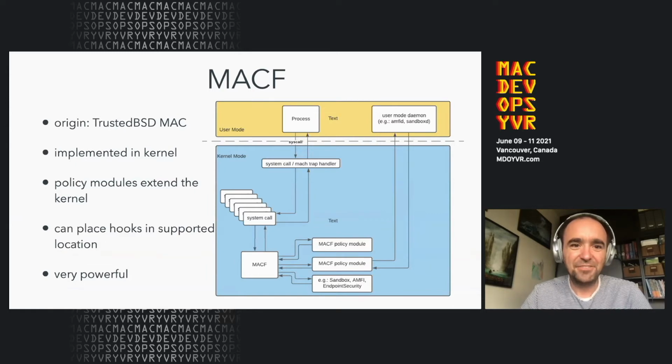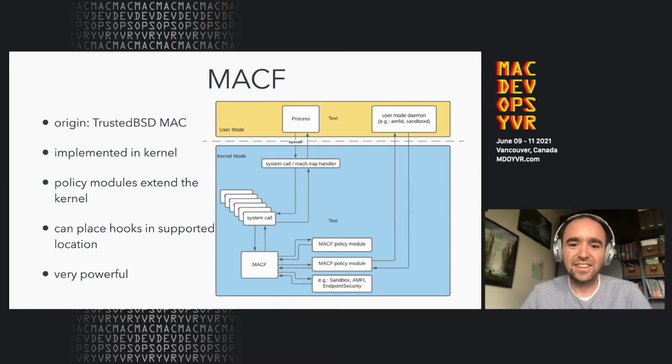The MAC framework has its origin in TrustedBSD, and then it was adopted by OS X. It's a policy framework implemented inside the kernel, and it allows policy plugins or modules to be installed inside the kernel.